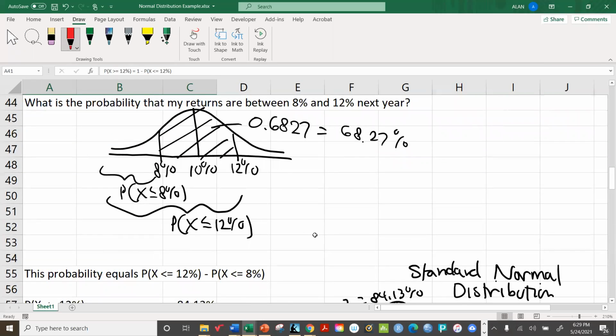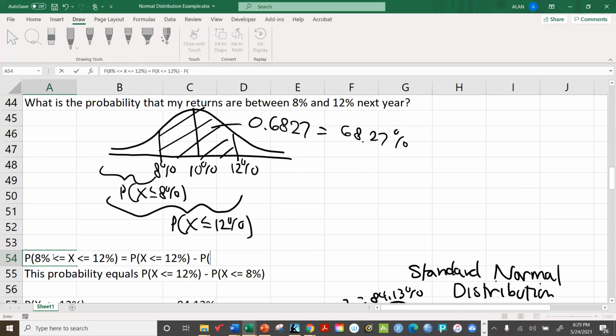And so, in other words, what we're saying is that the probability of being between 8 and 12 is equivalent to asking what's the probability of x being below 12% minus 8%.